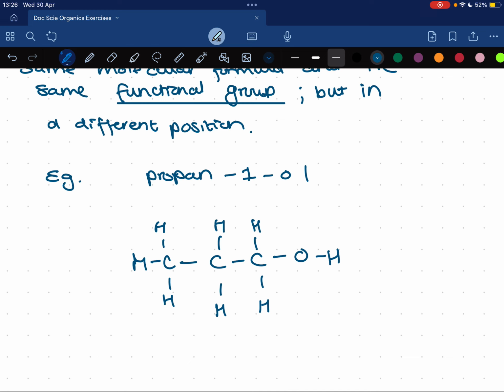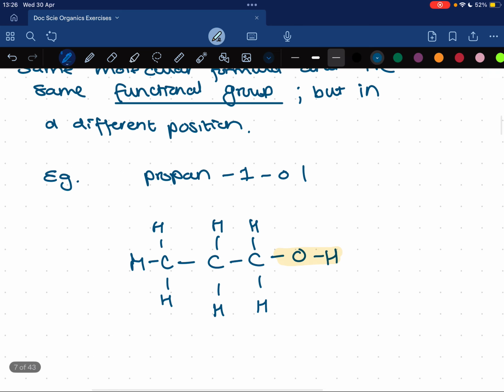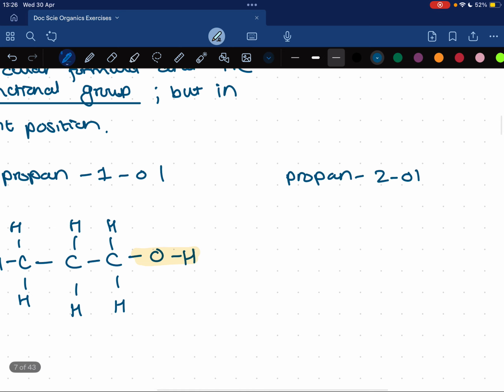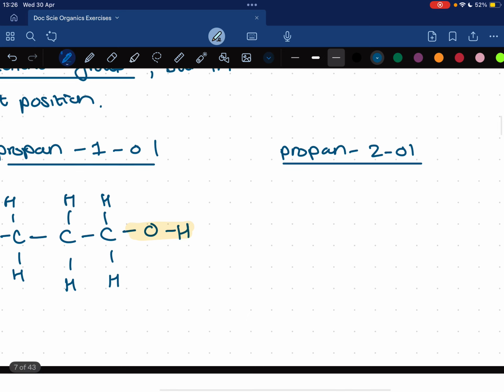So the functional group is there. And the other one, I'm sure you can imagine, is going to change it to propan-2-ol. So I don't change the functional group and I don't change the longest carbon chain. All I'm changing is I'm just moving the functional group to a different carbon. So in this case, I move it from the number 1 to the second one.